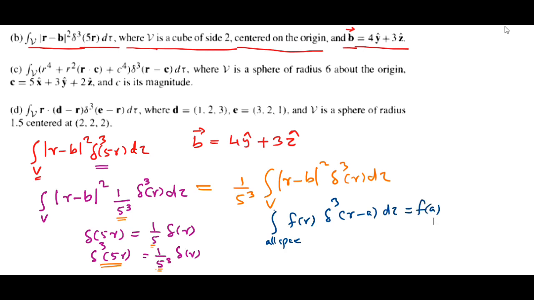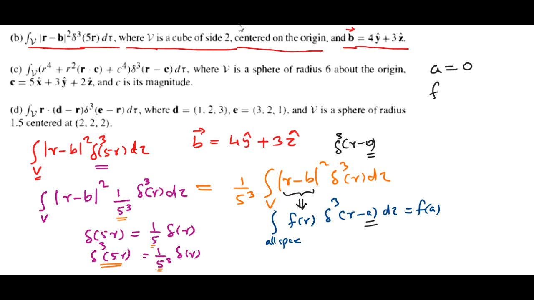If you compare these two equations, then our f of r is r minus b whole square, that is very clear, but there is no a. But I can rewrite this delta cube as r minus 0. Then on comparison you will come to know that a is nothing but 0. Therefore we have the information a is equal to 0.